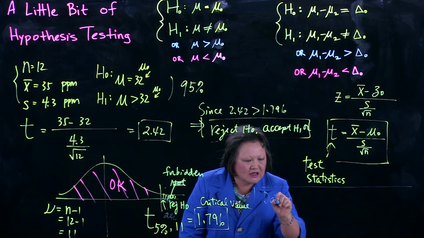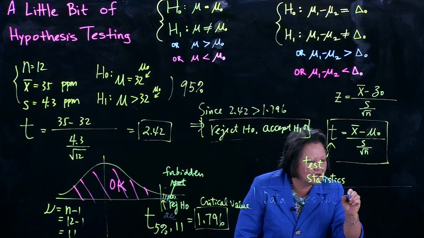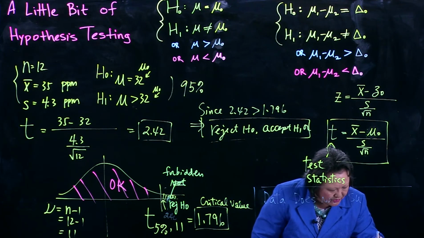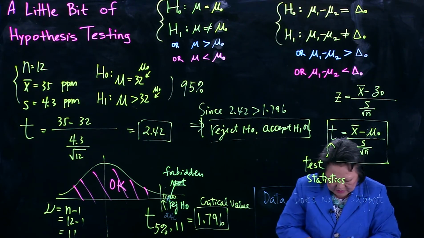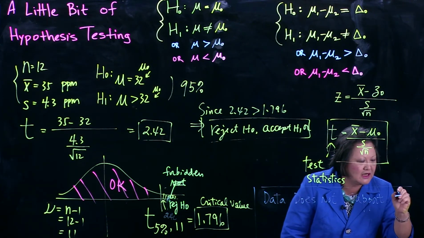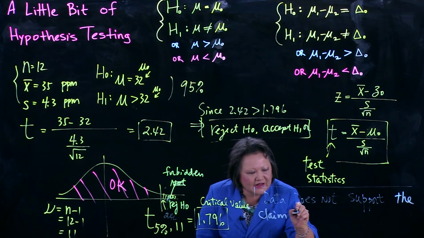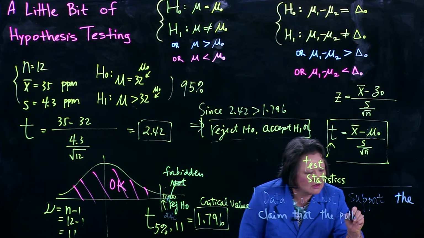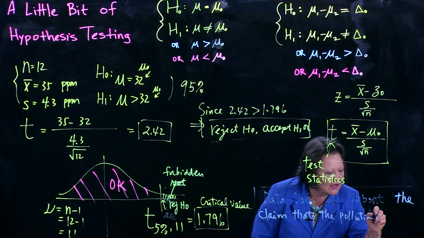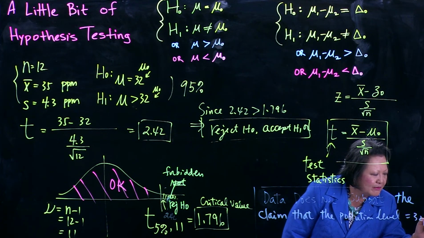Data does not support, sorry, got to write this, does not support the claim or the hypothesis that the pollution level is at 32 ppm, parts per million.